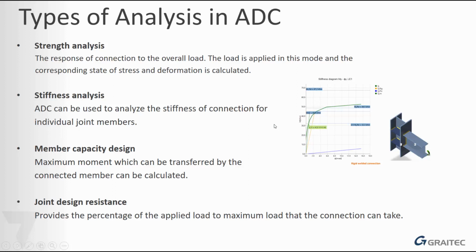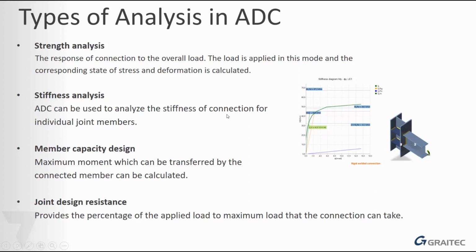Normally we use this when we want the rotational stiffness of a connection, and in some of the general finite element software such as ADA or Advanced Design, you can apply the correct stiffness value of your connection into the frame to have a more economical design.